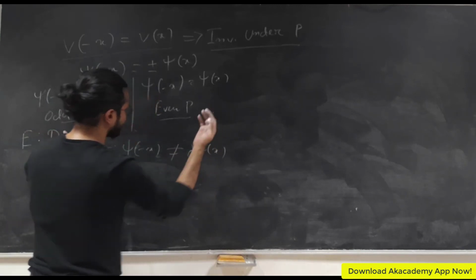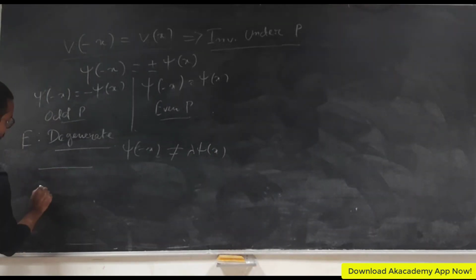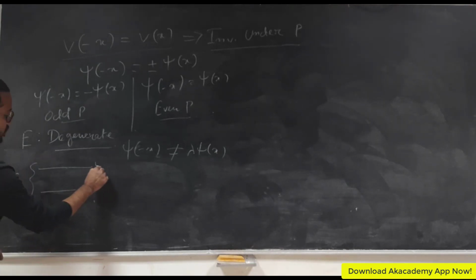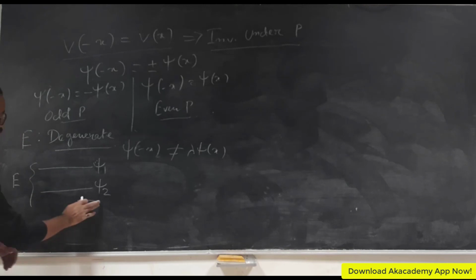It could be anything. The concept of degeneracy is that, let's say the energy state is doubly degenerate, so this could be a function psi1 and this could be another function psi2. These functions need not be equal.